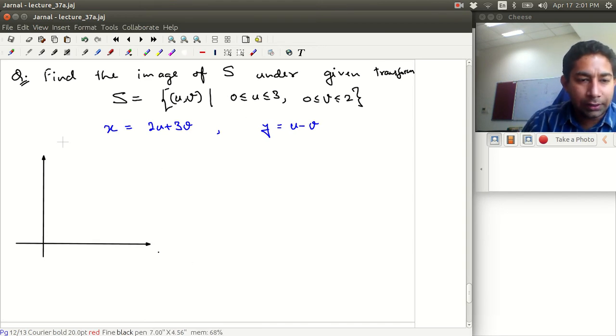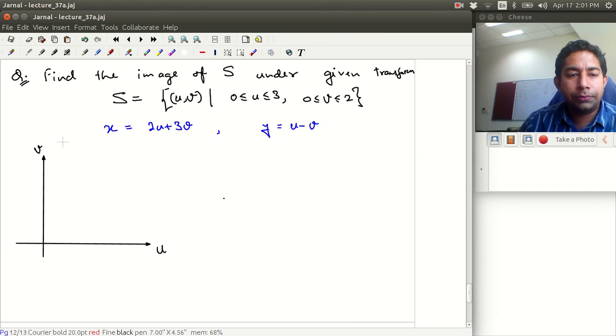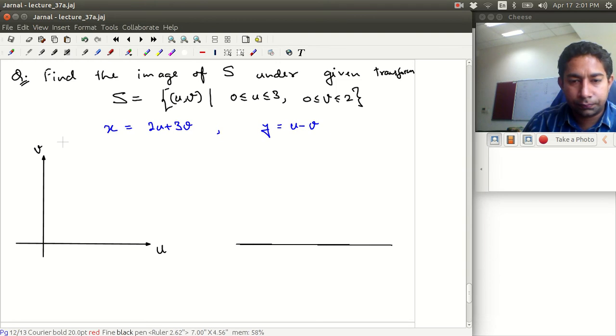Okay, so let's say that is the uv axis, and then let's make another set of axes for x and y. So this is for x and y.